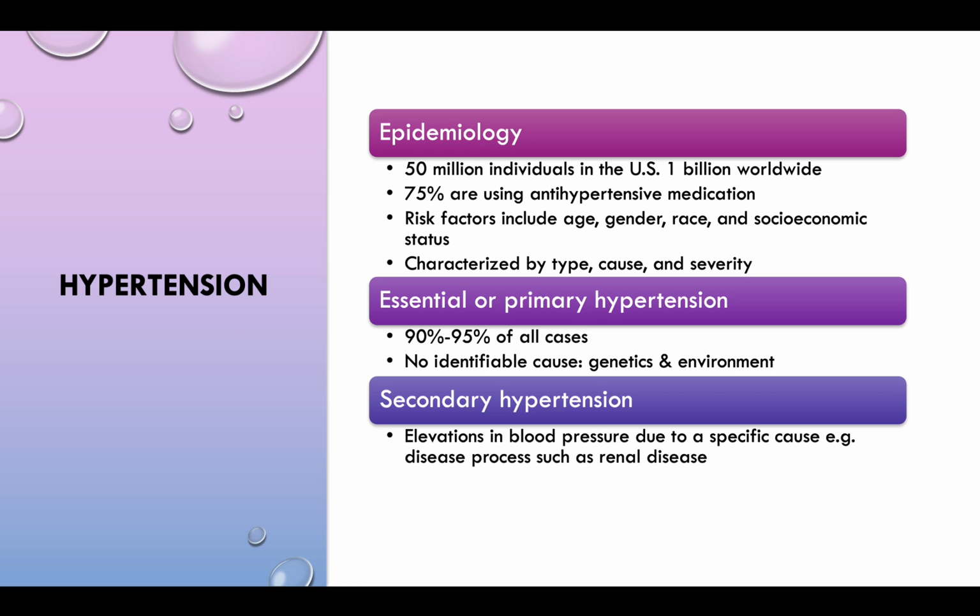It can be for a variety of reasons, but oftentimes there really is no identifiable cause. It's just maybe some sort of genetic issue that's going on. With secondary hypertension, what we're looking at here is diseases that impact the functioning of blood pressure.